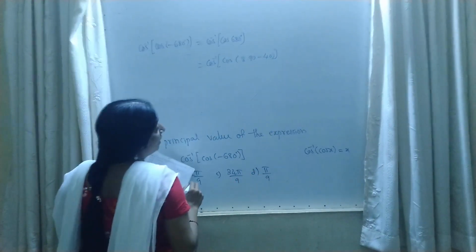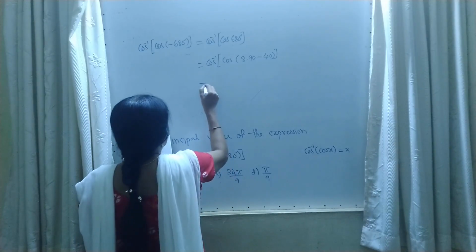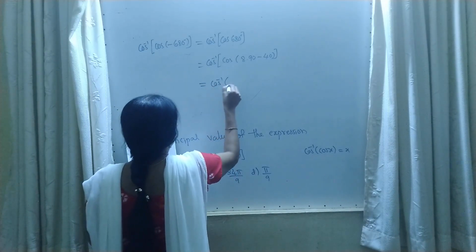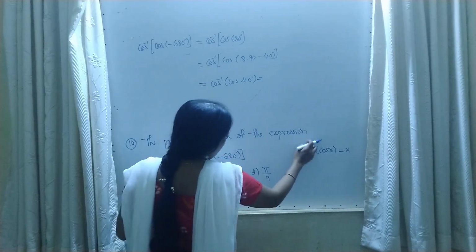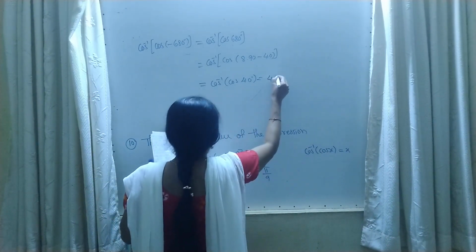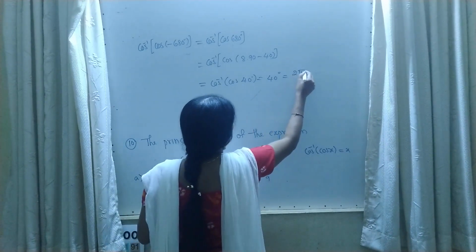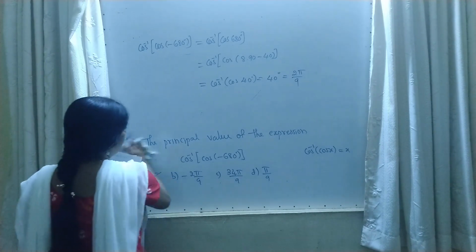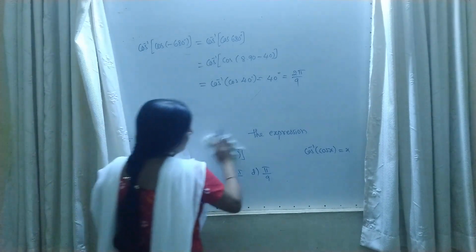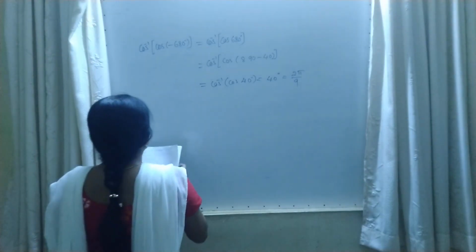So 8 into 90 is how much? 720. 720 minus 40 is 680. Now it is cos inverse of cos 40 degree. So it is in the form of cos inverse of cos x, that is 40 degree. If you convert this 40 degree into radian, it is 2 pi by 9. First option. So all these 10 questions are basic, they are related with the basic trigonometric terms.